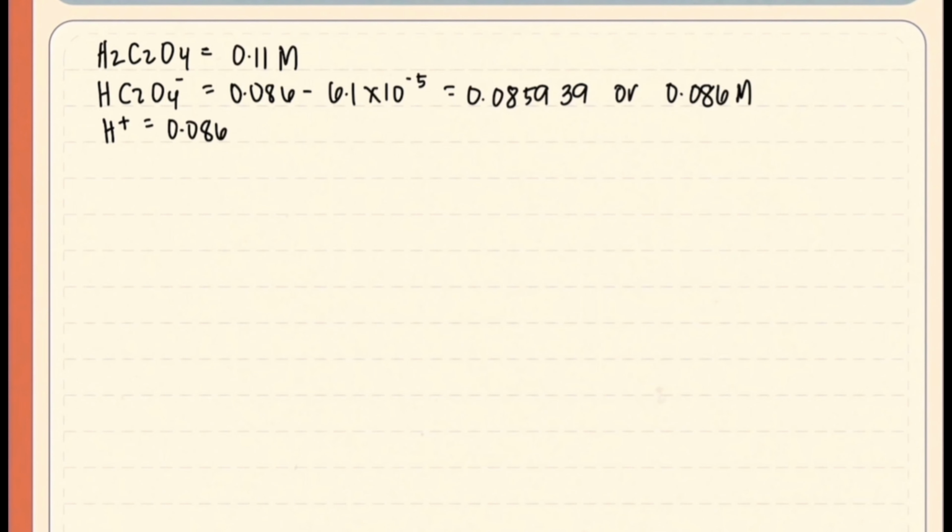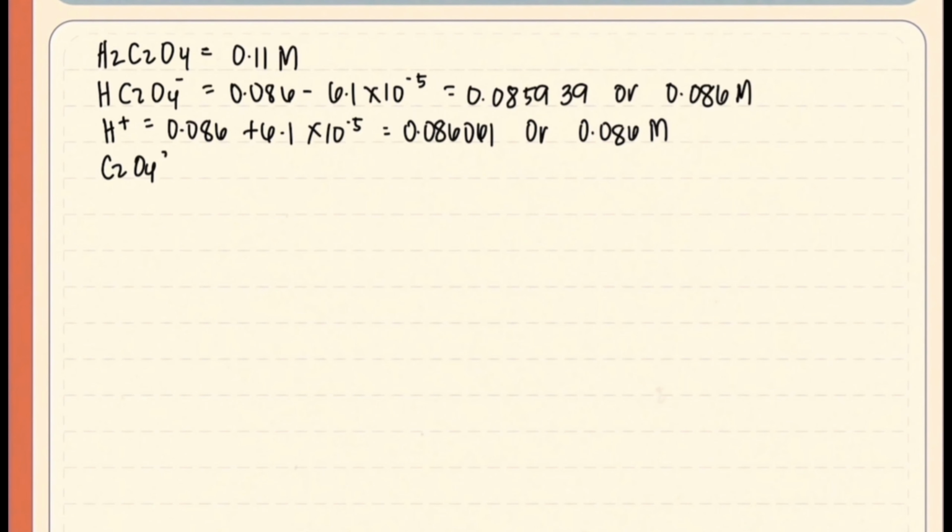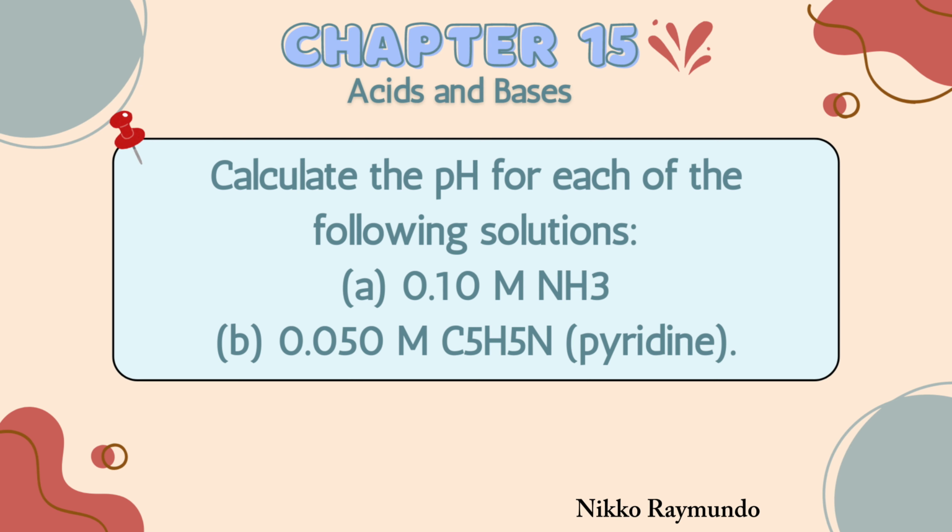Yung atin namang hydrogen ion is equal to 0.086 plus y or 6.1 times 10 raised to negative 5 is equal to 0.086 molar. Lastly, yung ating oxalate ion or C2O4 negative is equal to y which is 6.1 times 10 raised to negative 5 molar.